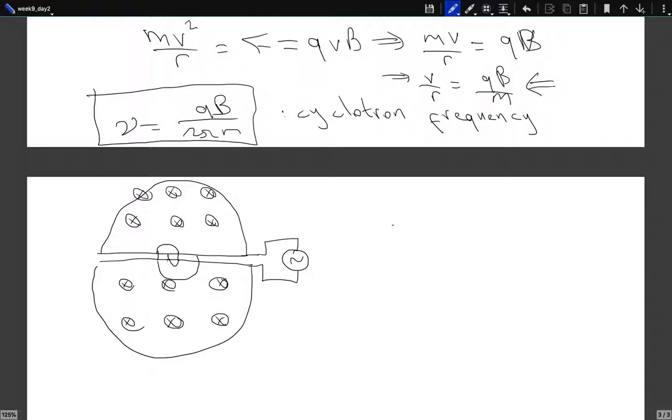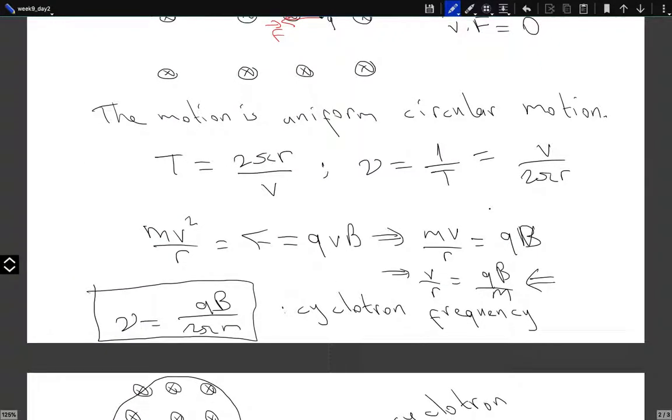So this was called the cyclotron. So that's why that frequency is called the cyclotron frequency. Anyway, any questions on this derivation?